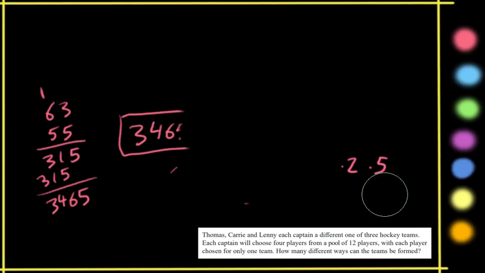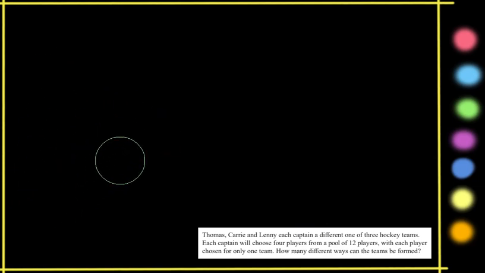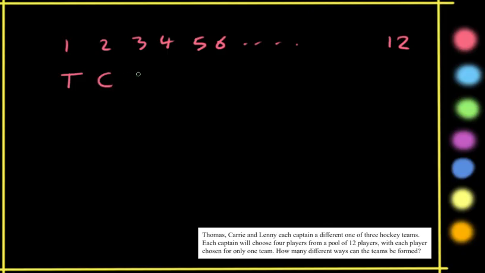You have your 12 players that need to get split up into the 3 teams. And let's say that's player 1, 2, 3, 4, 5, 6, all the way up to 12. And then let's say that I had a word that had 4 T's, 4 C's and 4 L's, right?